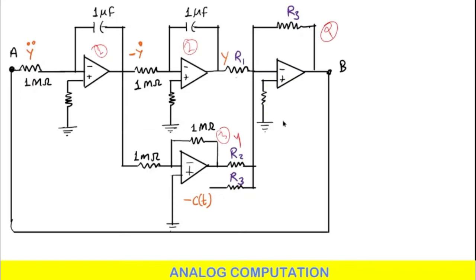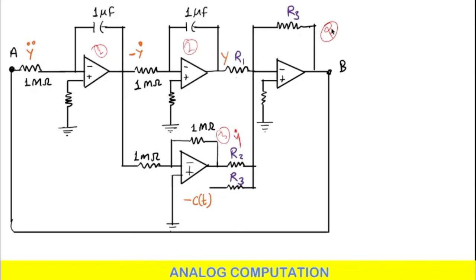And now comes the fourth unit of this circuit. It is provided with three inputs. The first one is y, the second one is y dot. This is not an integrator; it just changes the sign, as the gain is 1, so it gave you y dot.